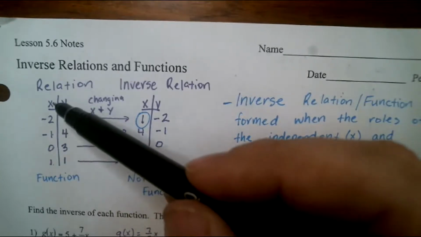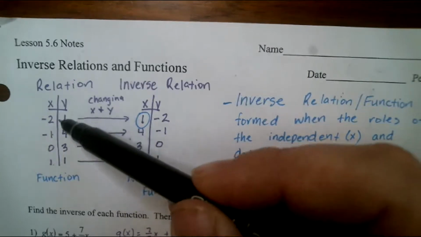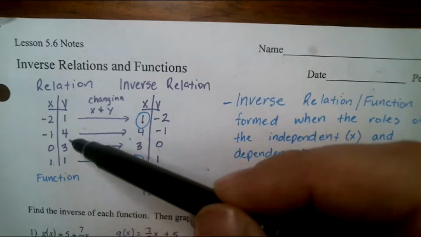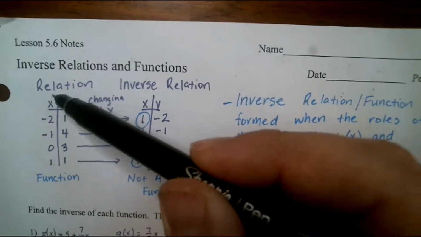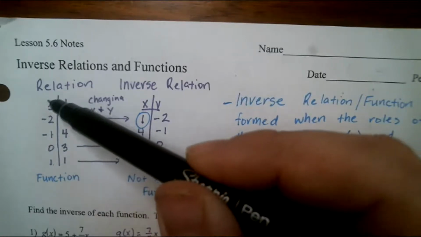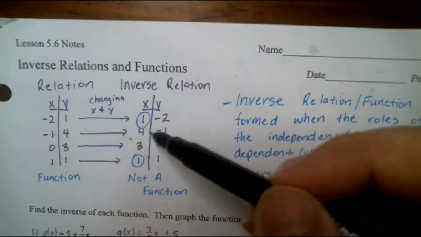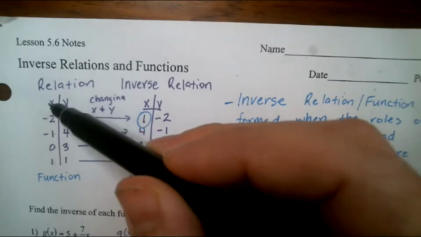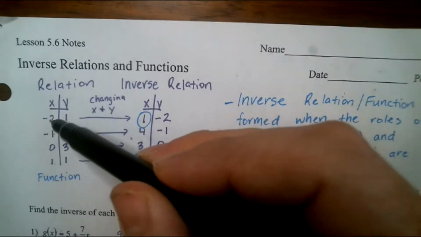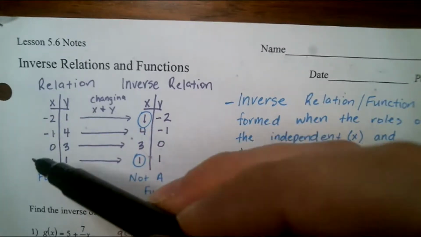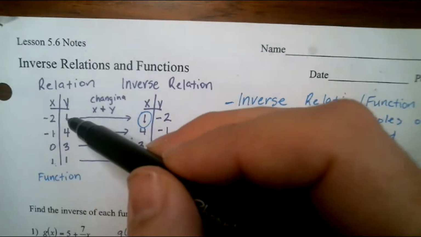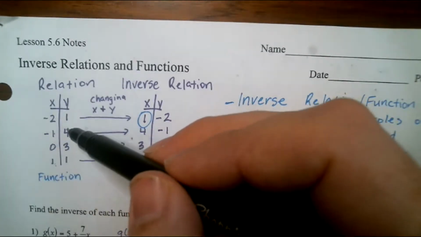But how could I look at a function like this and know if its inverse is a function? Just looking at the function, I know this is a function because no x repeats, but how could I look at this and know whether the inverse is a function or not?